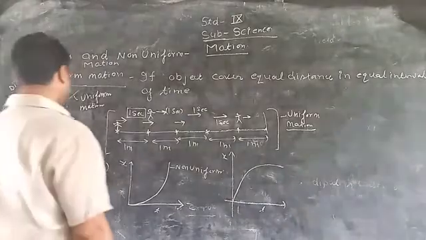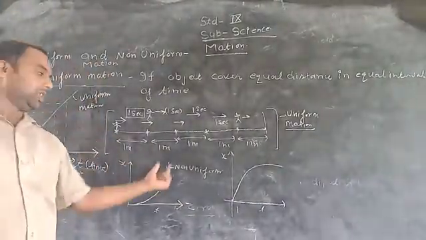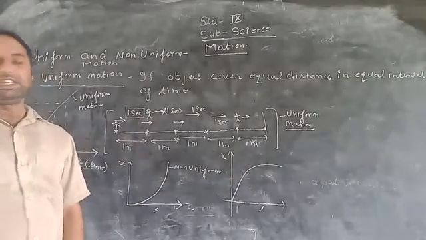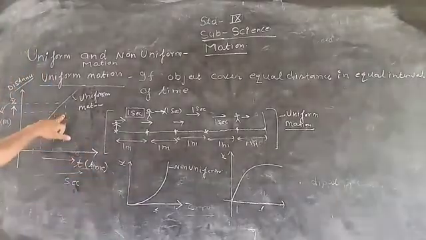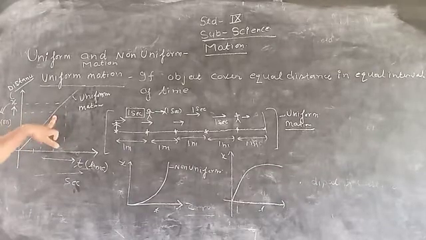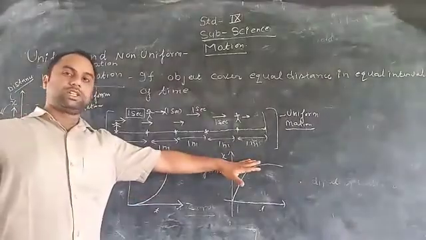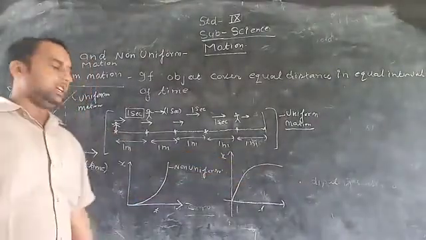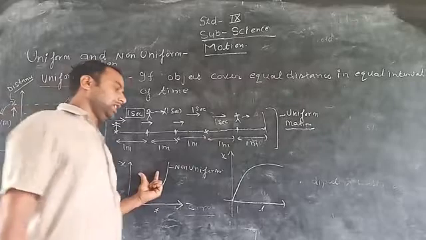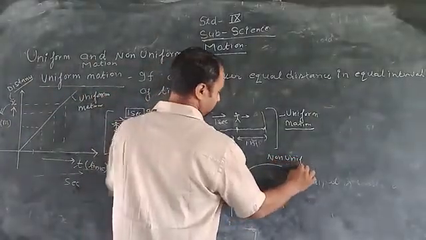Here we see that at every instant of time the velocity is changing continuously. In uniform motion, at every instant of time the velocity is constant, whereas here the velocity is continuously decreasing or increasing, and here also continuously decreasing. This is non-uniform motion.